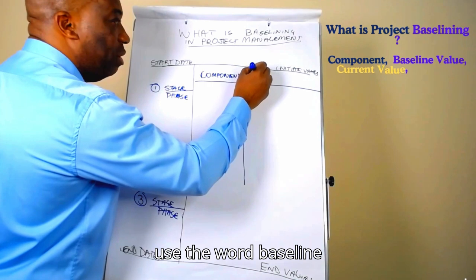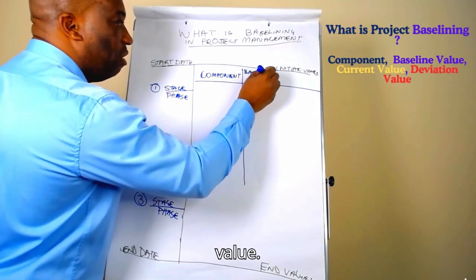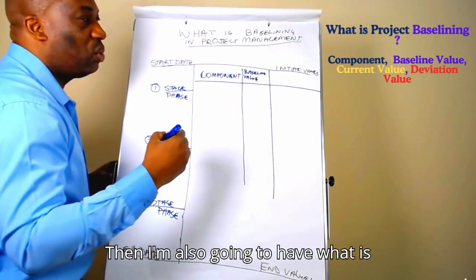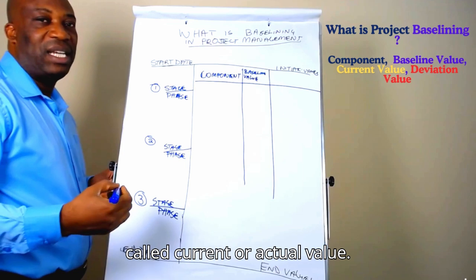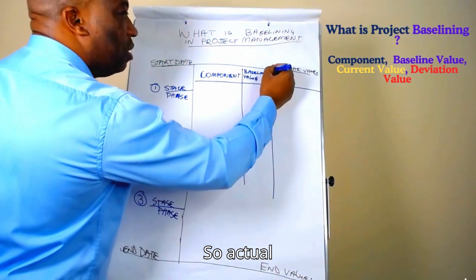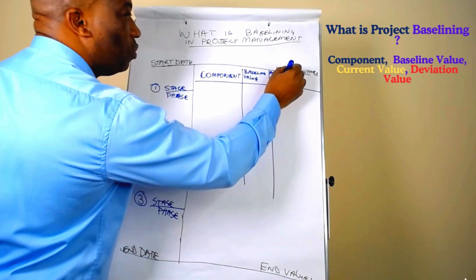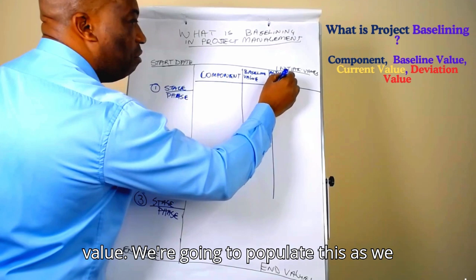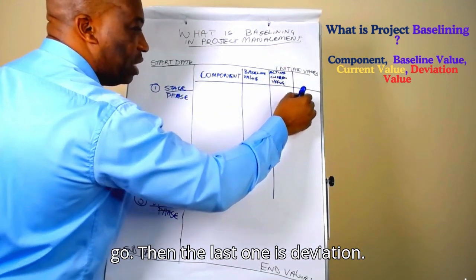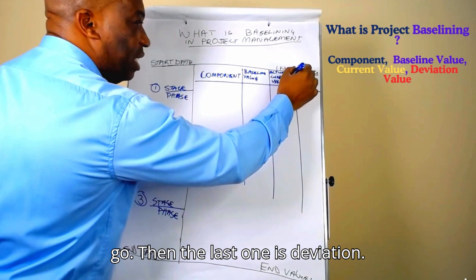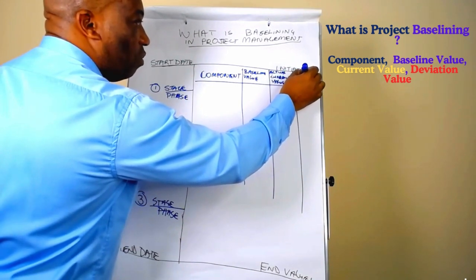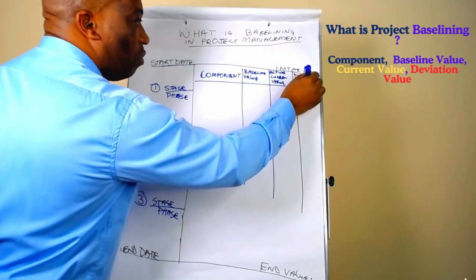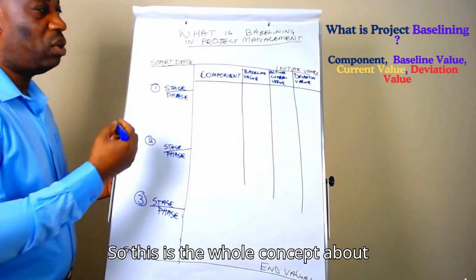Then I'm also going to have what is called current or actual value. We're going to populate this as we go. Then the last one is deviation value. So this is the whole concept about project baselining.